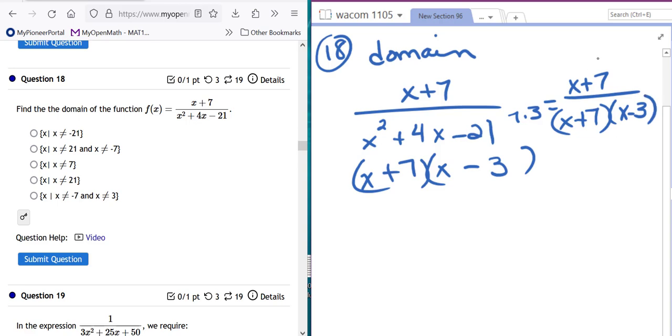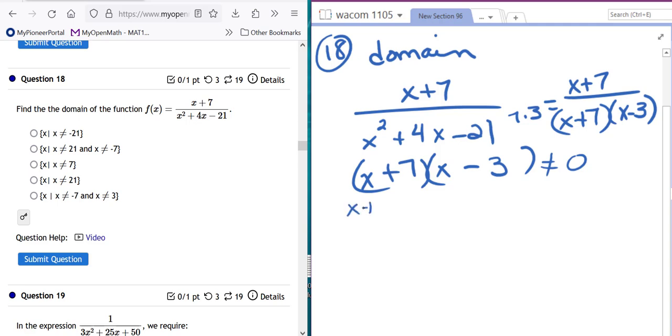Right, and even though this one would cancel, we still can't let this piece be equal to 0. So we check the denominator. When is this 0? Because we're going to throw it away. We don't want a 0 in the denominator.